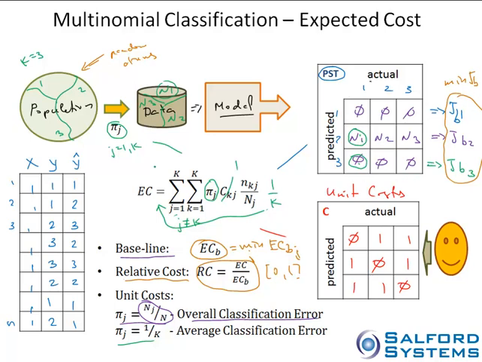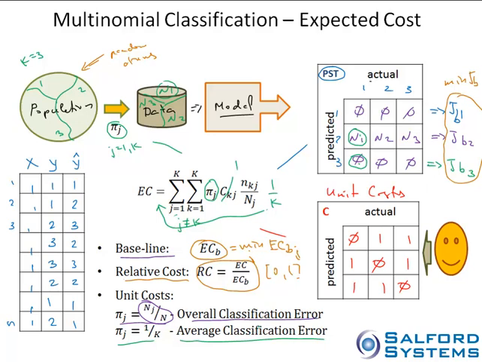So to make a long story short, you'll eventually convince yourself that priors equal gives you the expected cost that is essentially the average classification error, meaning instead of looking at the overall misclassification, I look at what happens in individual classes. So I take the misclassification within each class and then take the average of those k misclassification rates.